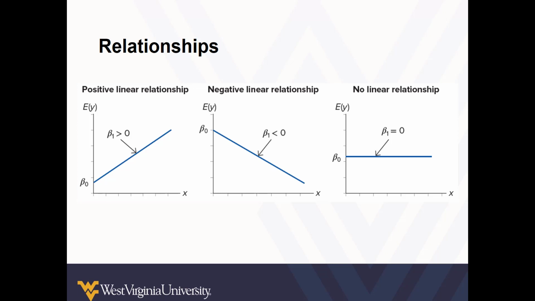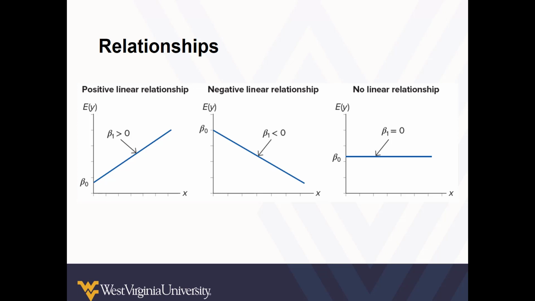So when beta 1 or b1 is greater than 0, that tells us that independent variable, that x variable, has a positive relationship with our dependent variable. So if you're ever being asked if something is a positive or a negative relationship, you can always look at the sign of the coefficient for that independent variable.